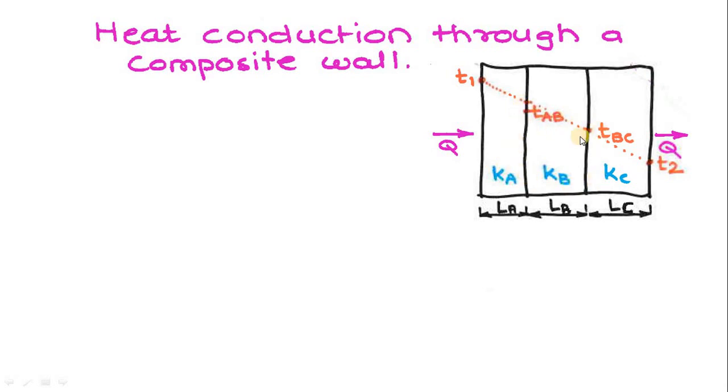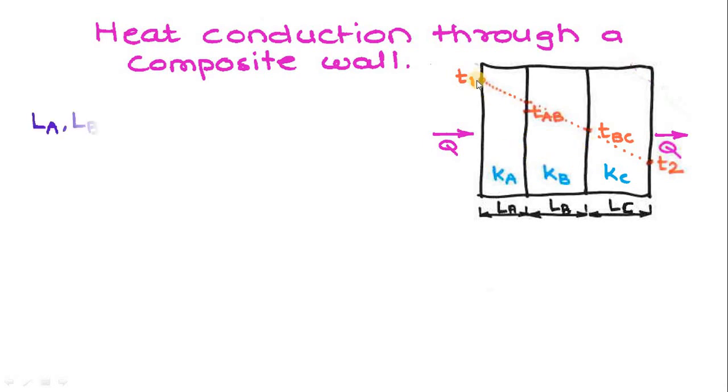Now let's look into this example. In this example, these are the three slabs having thermal conductivities Ka, Kb and Kc, which are bonded together.